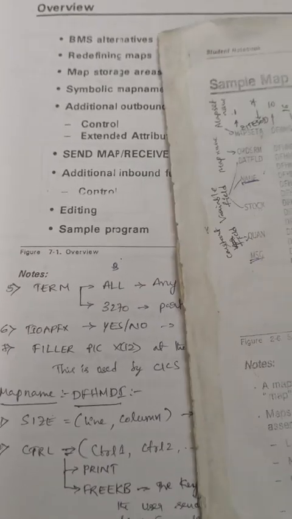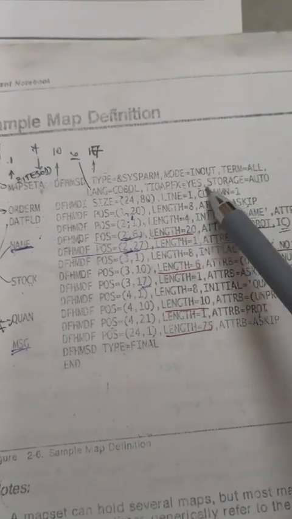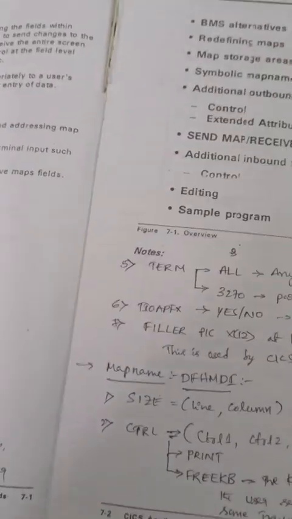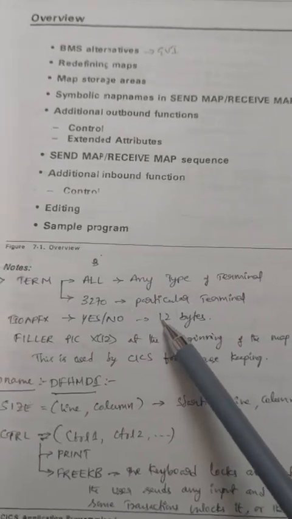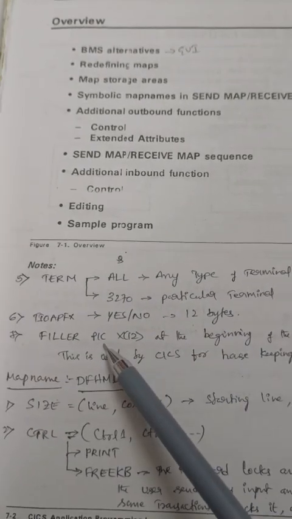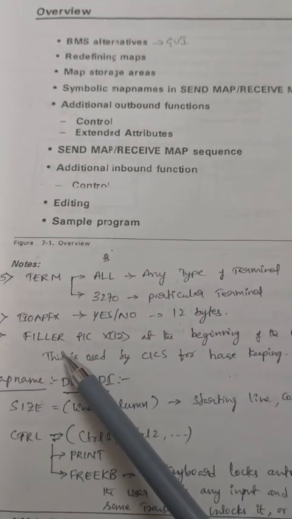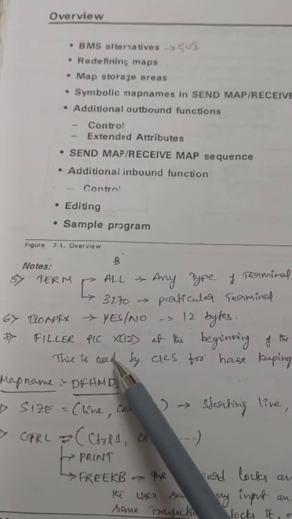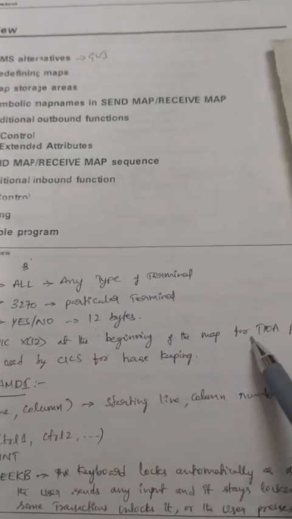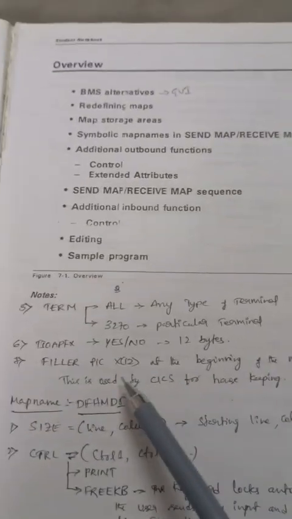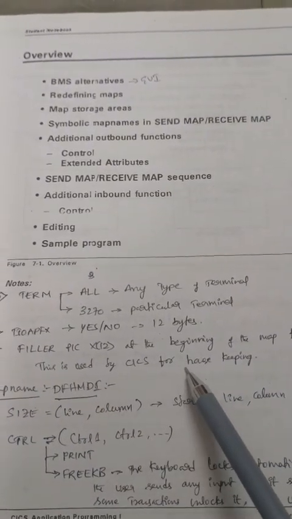The next parameter is the terminal input output prefix area, which we have already discussed. We have two types, yes or no. Yes means it will store 12 bytes, and next is a filler, X of 12, stored at the beginning of the map for the terminal input output prefix area. This is used by CICS for bookkeeping.